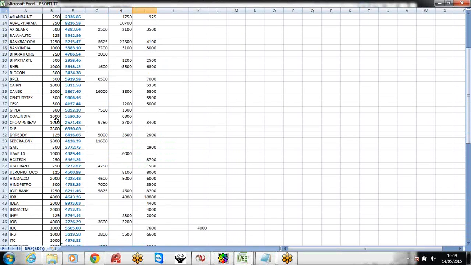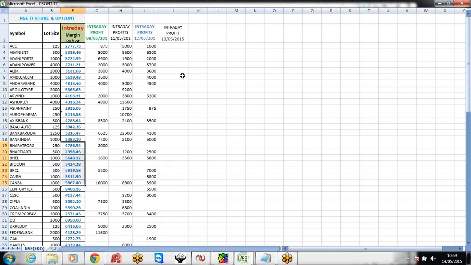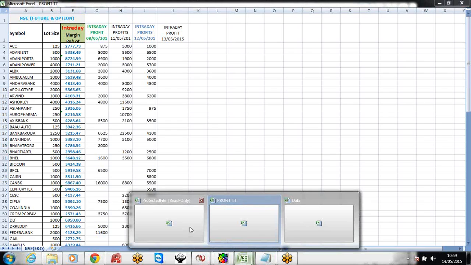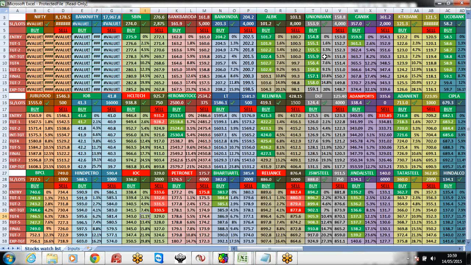So always make sure you get intraday margin as low as possible, and try to book profits as soon as possible. That way you'll be able to make profits in a short period of time. You don't have to actually trade the full day. That is with this Futurestree application.